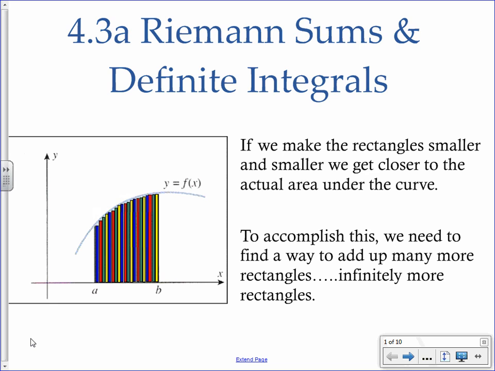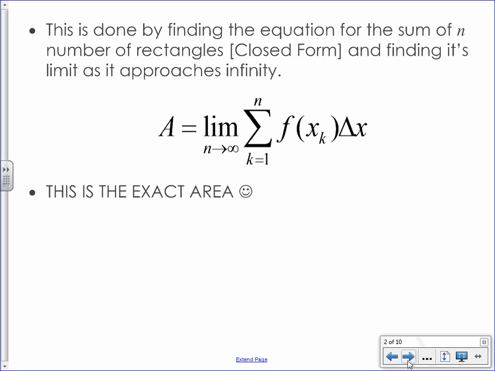So if we take delta x times our function value, where we have n rectangles, but we take the limit as n goes to infinity, so we are summing up an infinite number of infinitely small rectangles, we'll get the exact area.